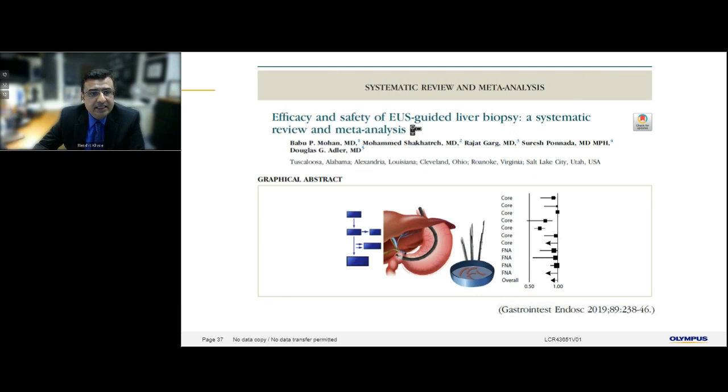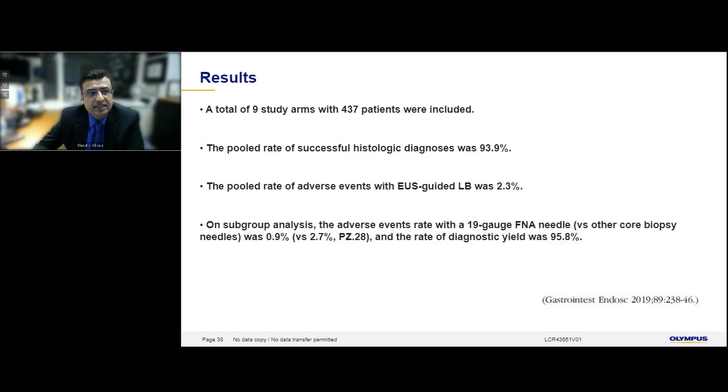And there was a recent meta-analysis that was published that kind of re-emphasized all these points. There were 9 study arms from 437 patients that showed the pooled success rate for histological diagnosis was 94%. The adverse event rate was around 2%.